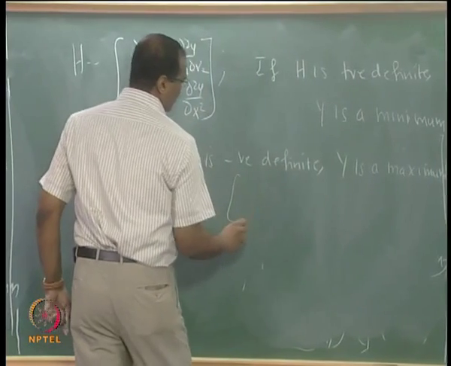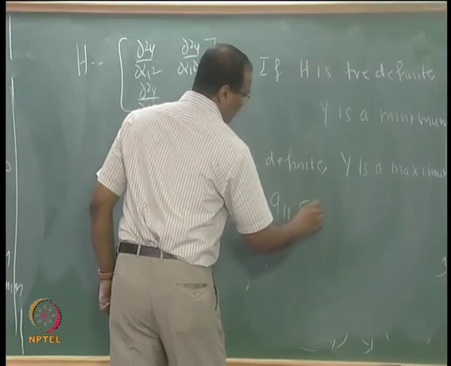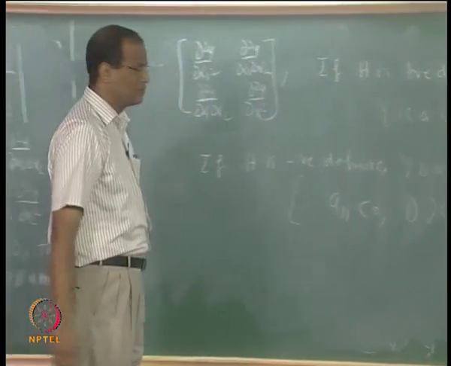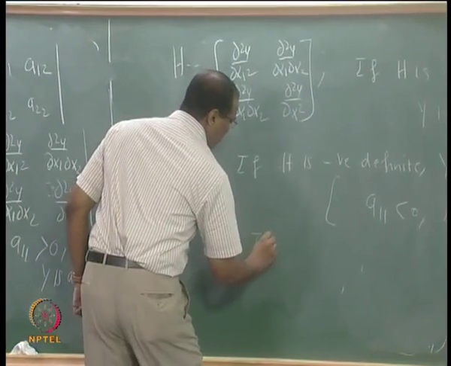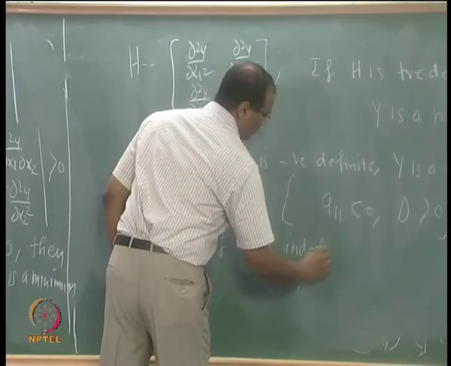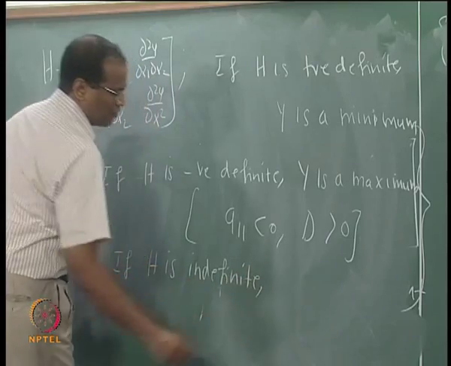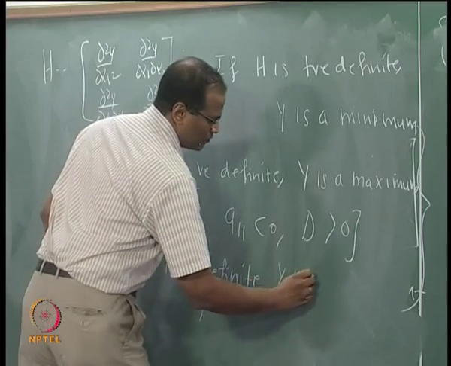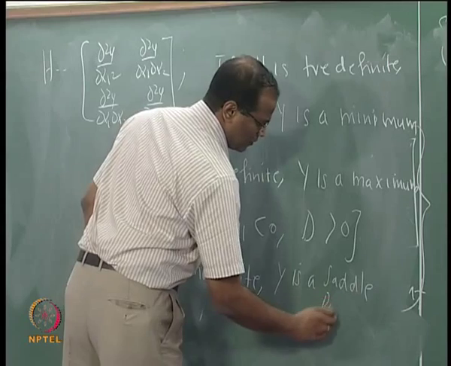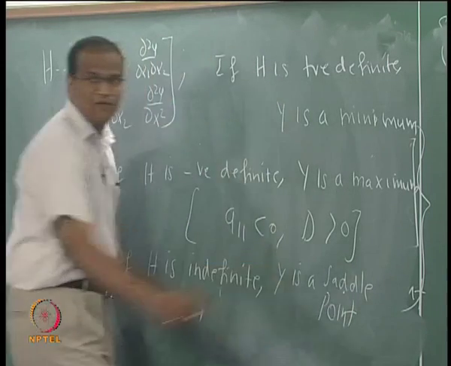That is, A11 less than 0, D greater than 0. If H is indefinite, Y is a saddle point. That means it is an inflection point, we do not know.